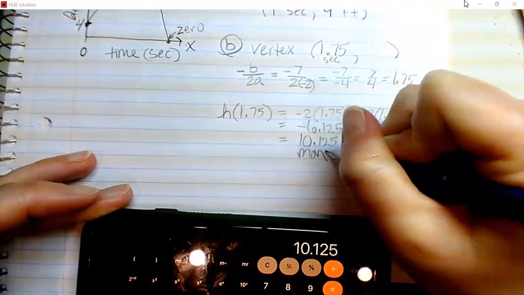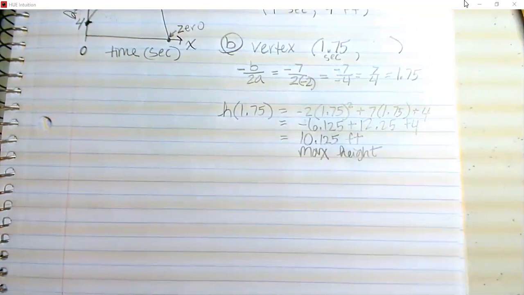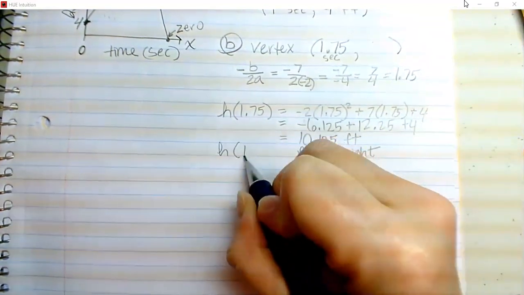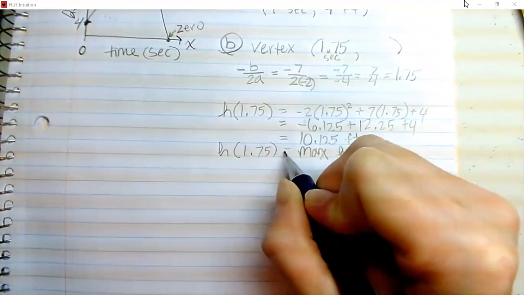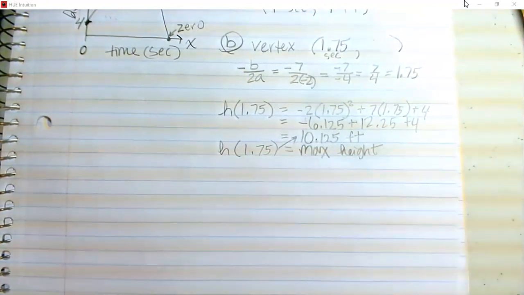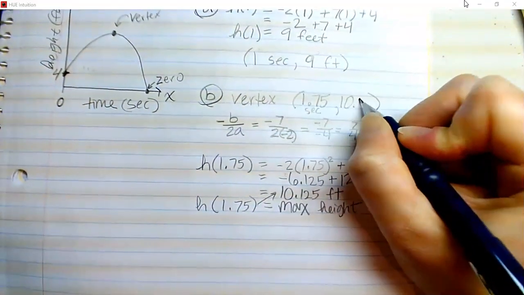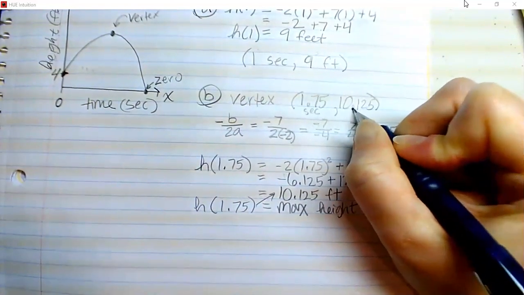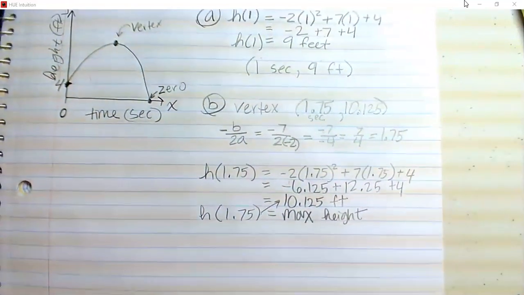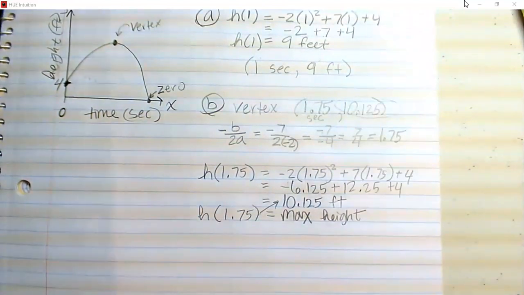So at a time of 1.75 seconds, our toy reaches its max height of 10.125 feet. There's my vertex. So we did part B.